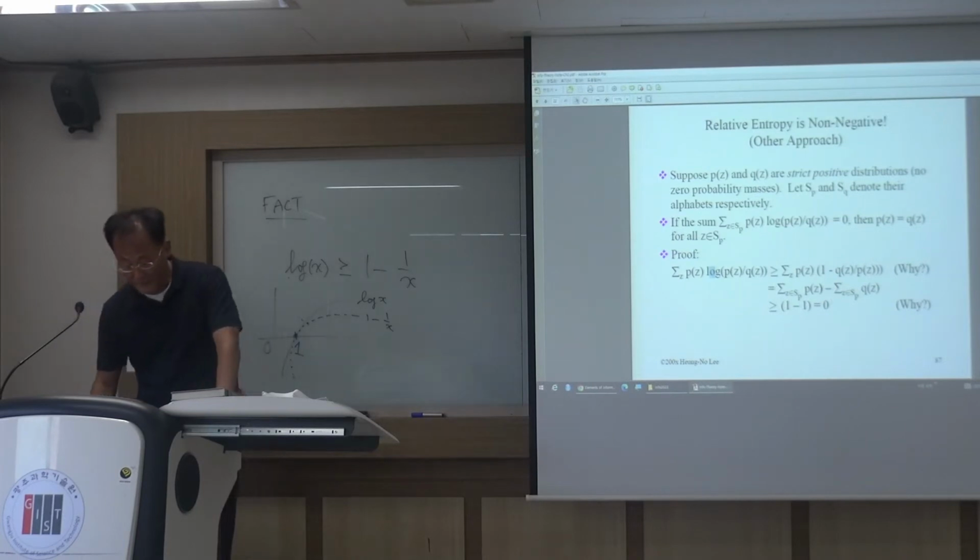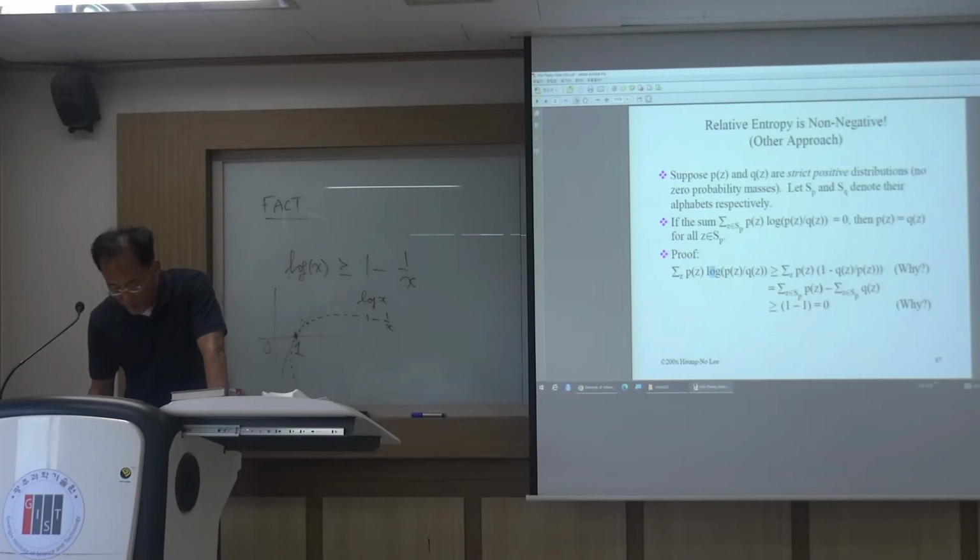So if you apply that, then we can get rid of this log and replace it with 1 minus q over p, right? And then after you have done that, it is easy. Summation of p minus p times q over p. So p cancels top and bottom, and it is left with q. So summation of q, both over the set S_P.